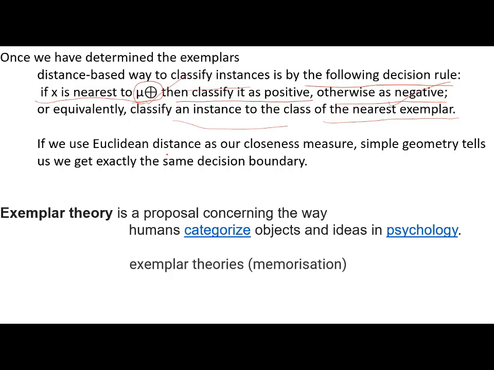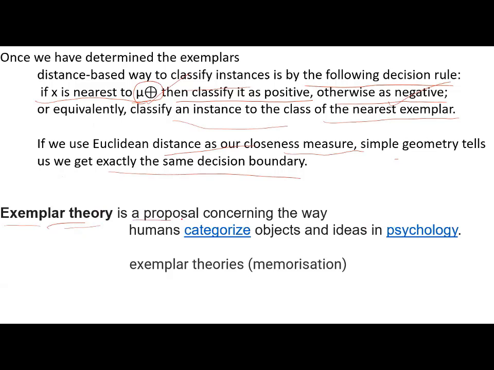If we use Euclidean distance as our closeness measure, geometry tells us that we get exactly the same decision boundary as the linear classifier. Right? This is what exemplar theory is in general. Why are we using exemplars?